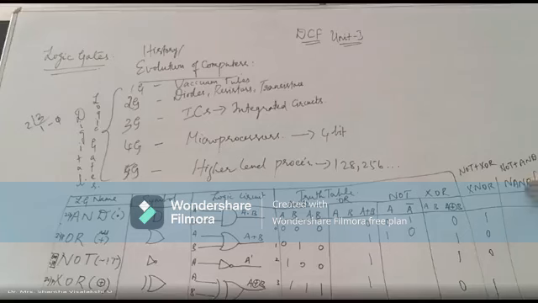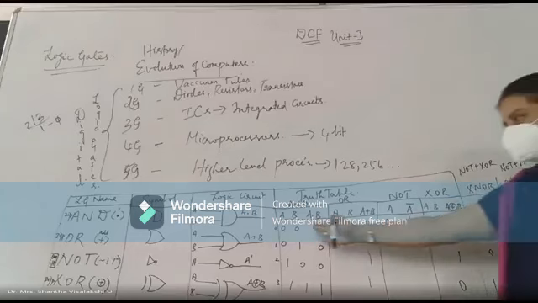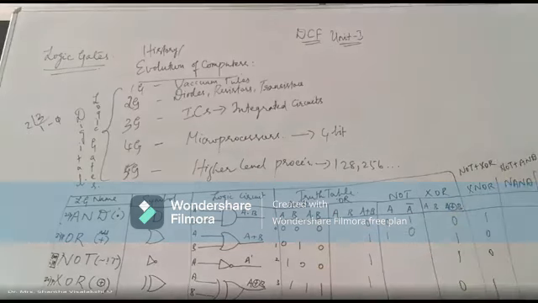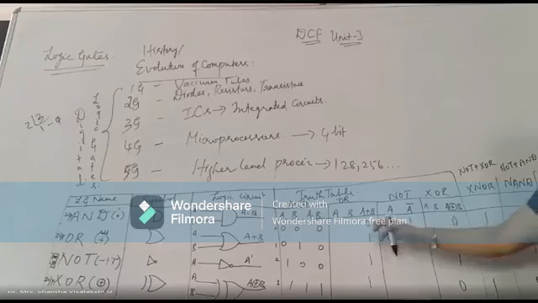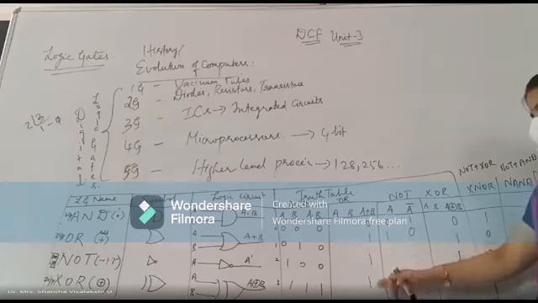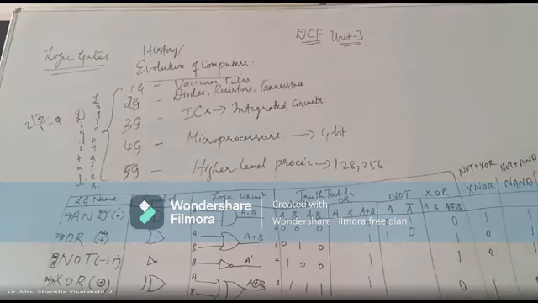The same logic is applicable for NAND. Complement the output values of AND, so it is 1, 1, 1, 0. And complement OR. What is OR here? It is 0, 1, 1, 1. So NOR is 1, 0, 0, 0. That's it.